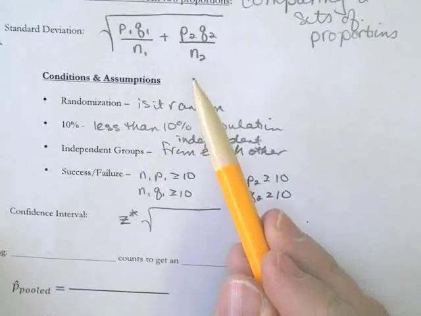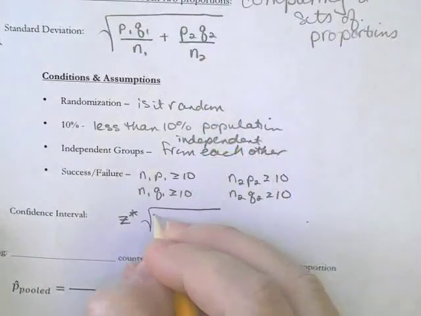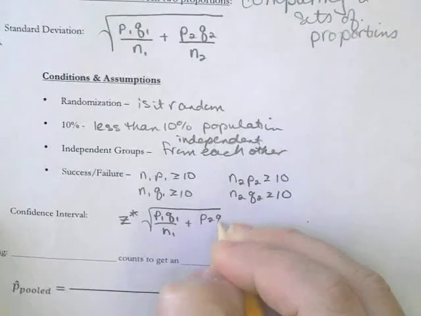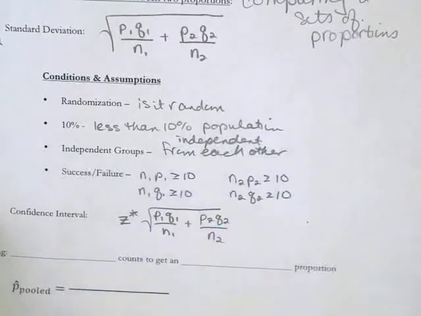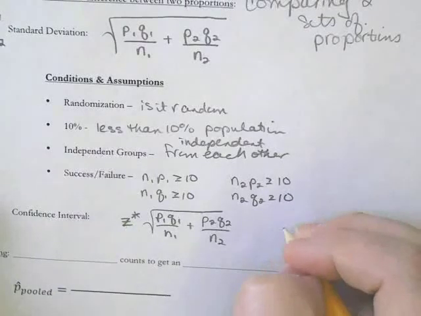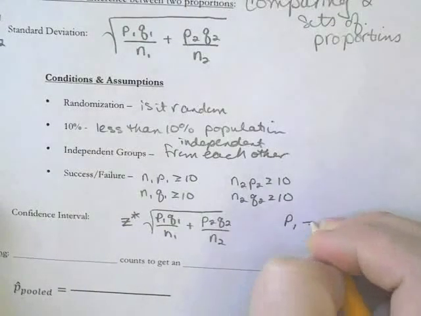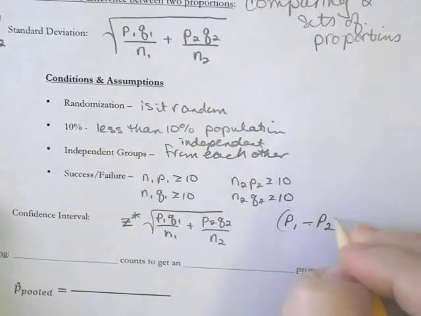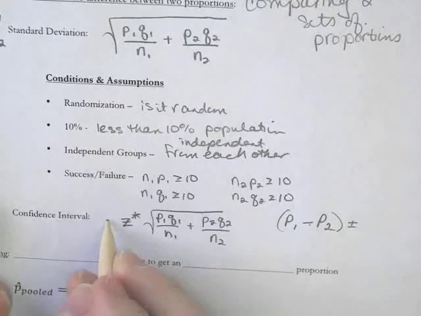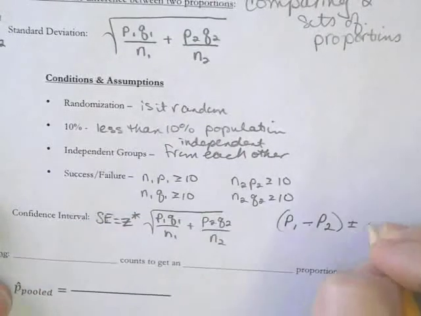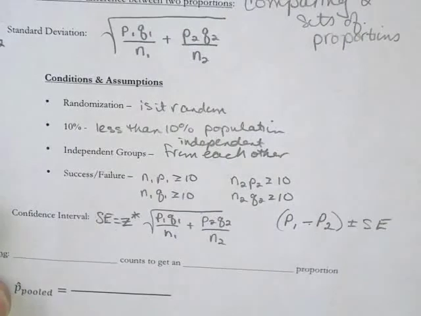So it's that same thing down below: P1 Q1 over N1 plus P2 Q2 over N2. And again, remember when we add or subtract this, it's from the mean, and our mean is gotten by subtracting P1 minus P2. So we're going to add and subtract the standard error from our mean. And that's how we'll find it.